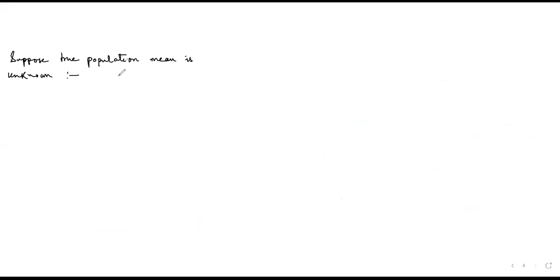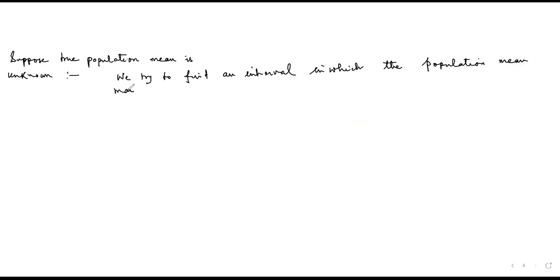Then what we do is try to find an interval in which the population mean may fall, or may fluctuate. So how can I do this? The way is the following.